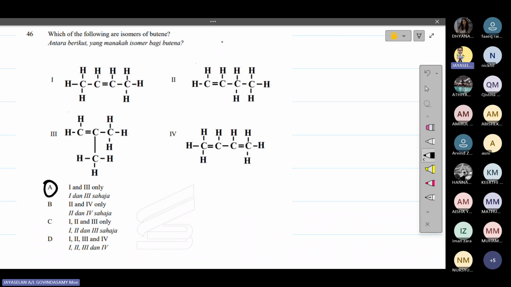Okay, so this is butene, C4H8. So the name of this compound is butene. Sorry, not butene. But 1, 2, 3, 4. So but-2-ene. Okay, so terimalah. Okay, this one is called butene.